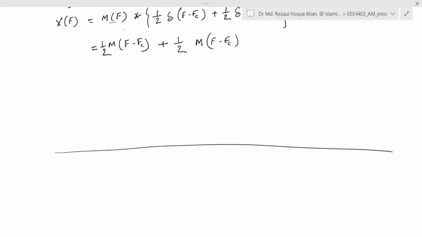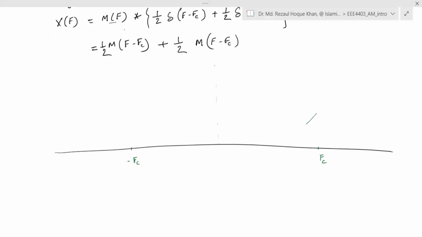The spectrum would look like this. This is the center frequency, so this is f_c and this is minus f_c.